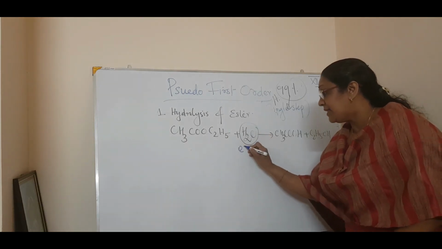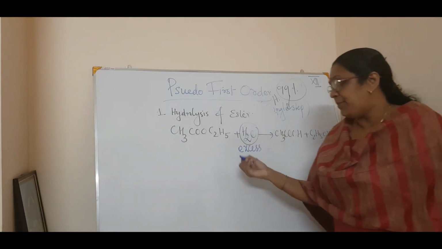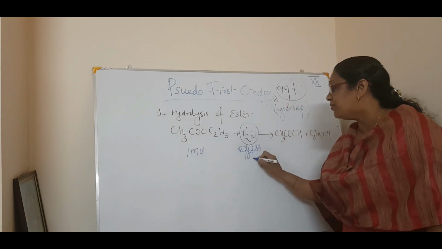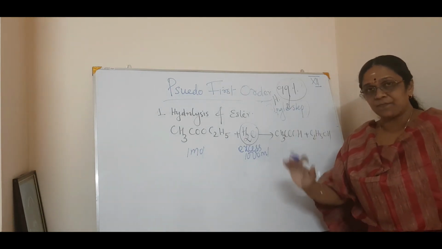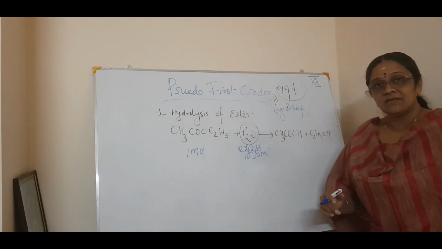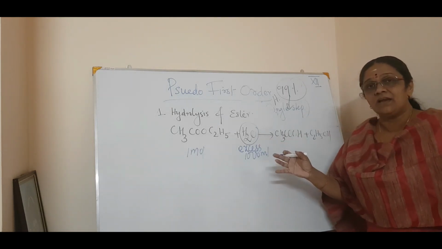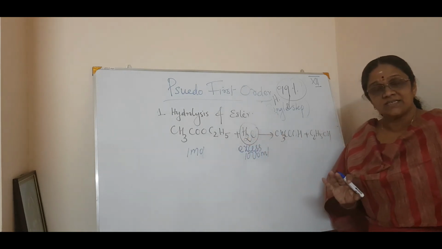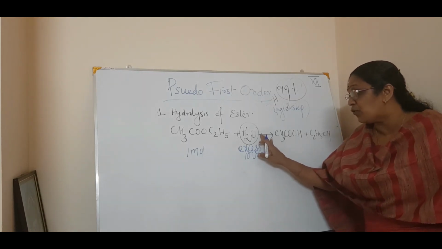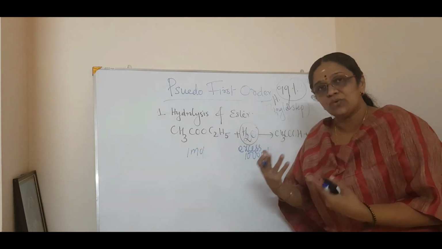For example, if I say this is 1 mole and this is 1000 moles, just for the sake of a number, then when these two react, the change in concentration of water is very little compared to the concentration of the ester, because water is in excess. So the concentration of water has no effect when compared to the concentration of the other reactant. That is what I want to tell you.